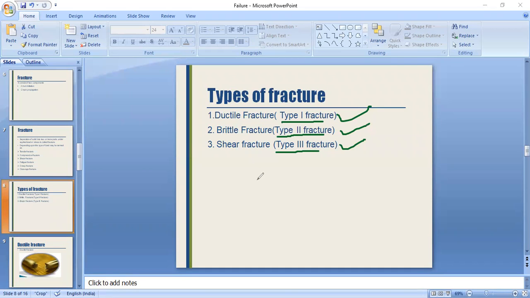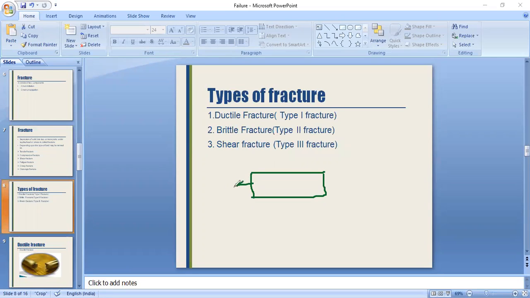So in ductile fracture, any material, this is a steel material, when it is under loading condition, some tensile load we are applying on the material.